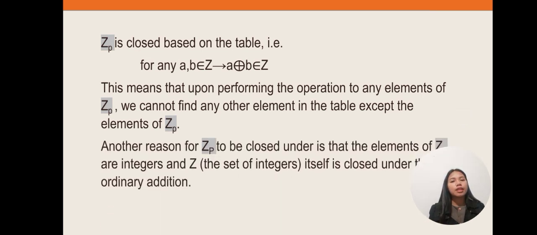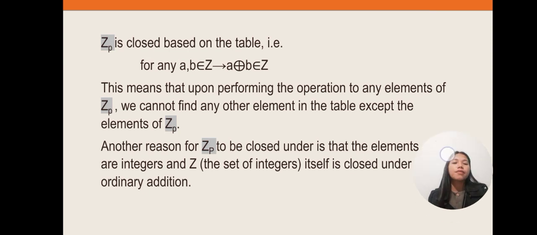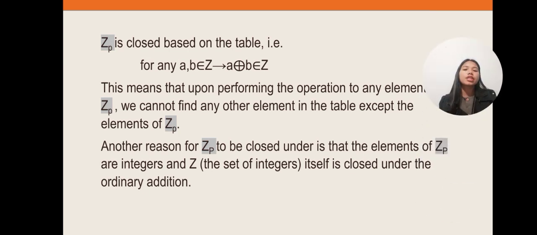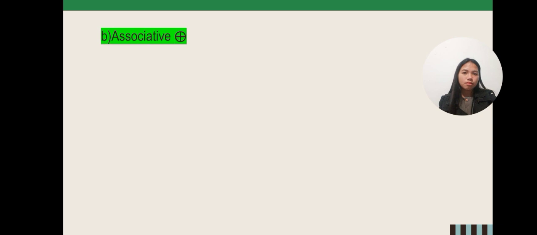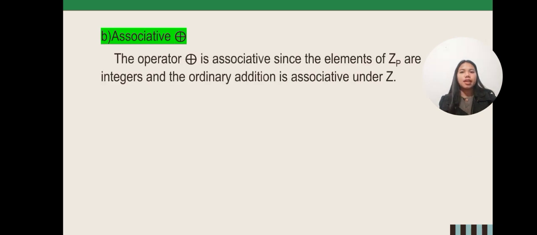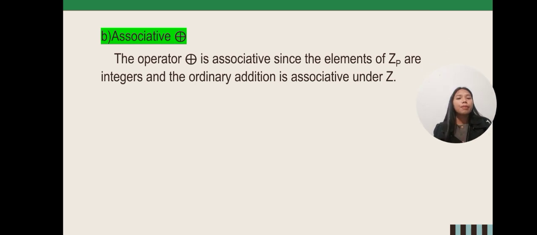Another reason for Z sub p to be closed is that the elements of Z sub p are integers, and Z, the set of integers itself, is closed under the ordinary addition. Okay, let's have the second. Associative. The operator direct sum is associative since the elements of Z sub p are integers and the ordinary addition is associative under Z.